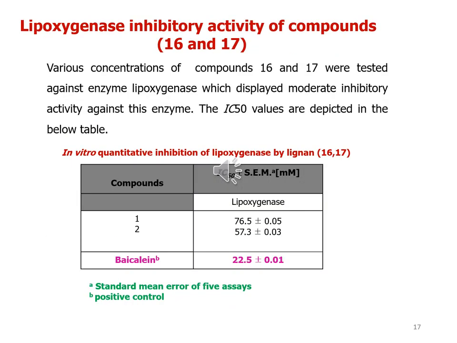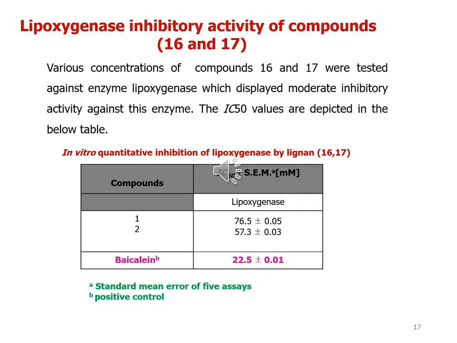This is the lipoxygenase inhibitory activity of compounds 16 and 17. Various concentrations of compounds 16 and 17 were tested against the enzyme lipoxygenase, which displayed moderate inhibitory activity. The IC50 values are given in the table below.